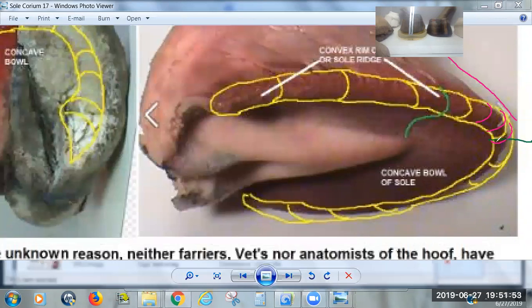Okay, so what happens when the edge of the bone is no longer in its form-fitted, protected covering of sole, and it's sitting on a flat surface? What happens? It doesn't grow sole very well. It chips away, it wears away, it flattens, it distorts, it deforms, it demineralizes, it creates a ski tip. Understand?